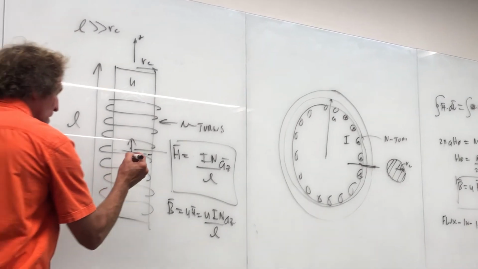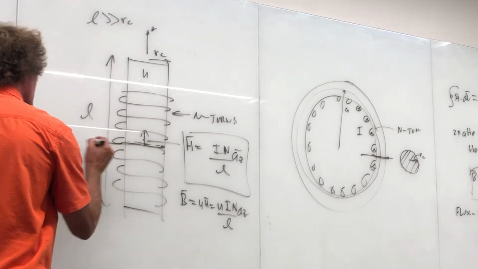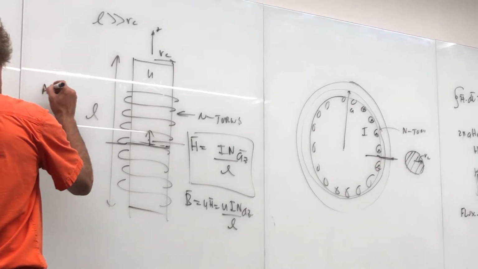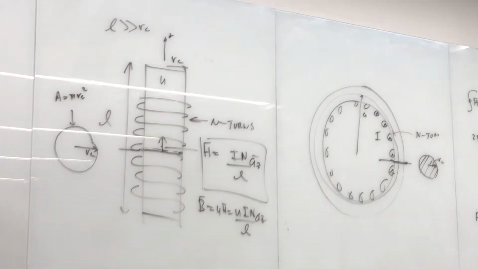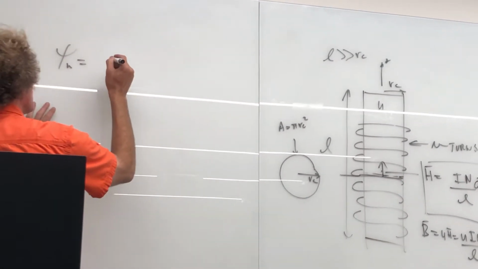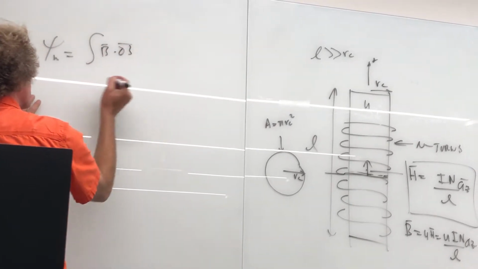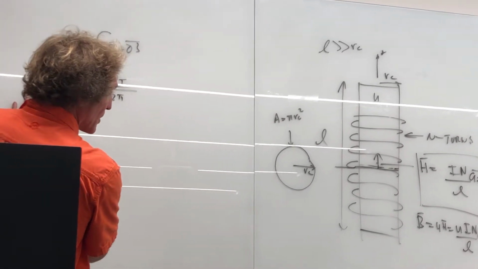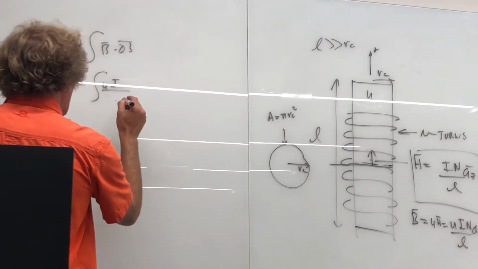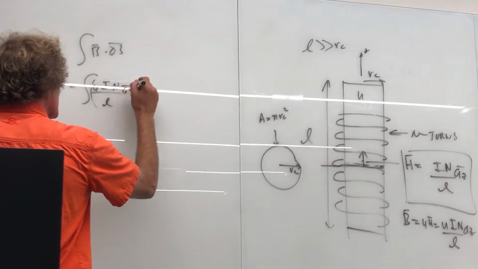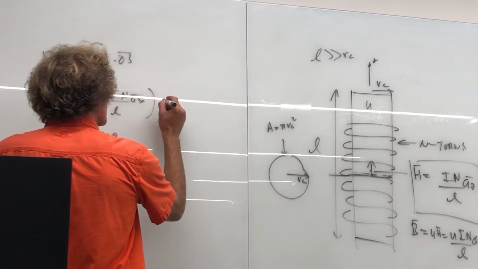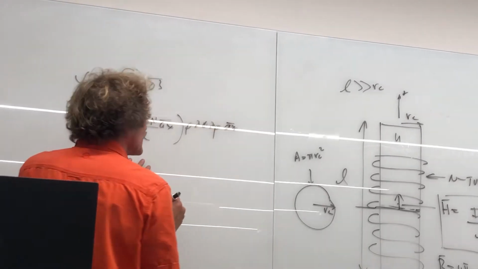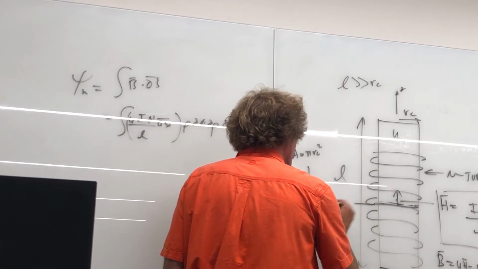Now what I want to do is find the amount of flux through one turn. And again, the area looks like this. This is RC, and therefore the area is pi RC squared. So the flux through one turn would be equal to the integral of B dot dS, right? That's the B field, mu I N over L AZ, and dS would be rho d phi d rho in the AZ direction, but at this point that is immaterial because we just want to find the area there.